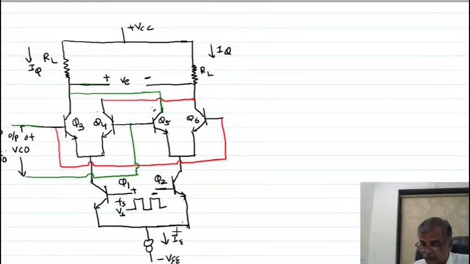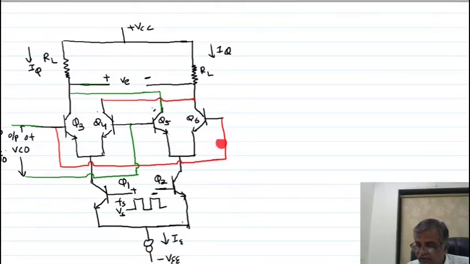See, what is the way I have drawn the circuit? First I have drawn this differential pair. This emitter couple I have connected to transistor Q1. The second differential pair, this emitter is connected to transistor Q2. I have given the input signal to the base of Q1 with respect to Q2. The bases of Q4 and Q5 are joined.